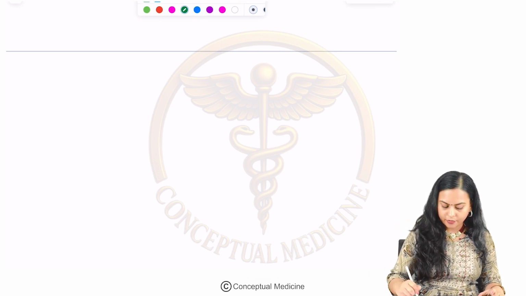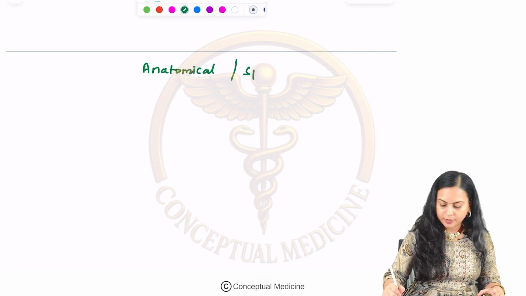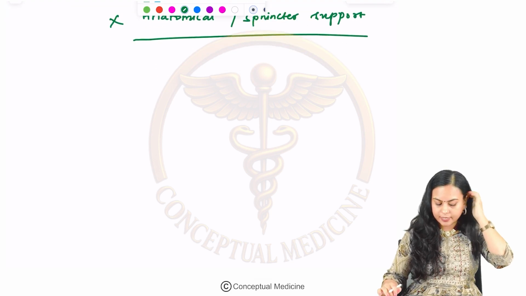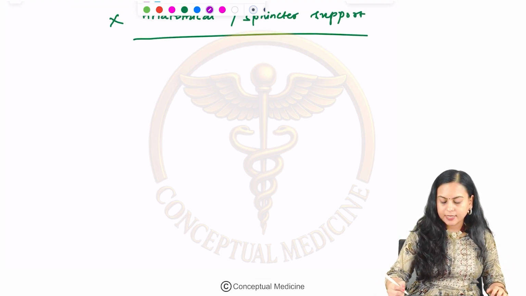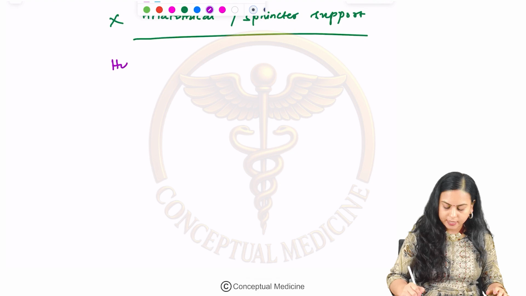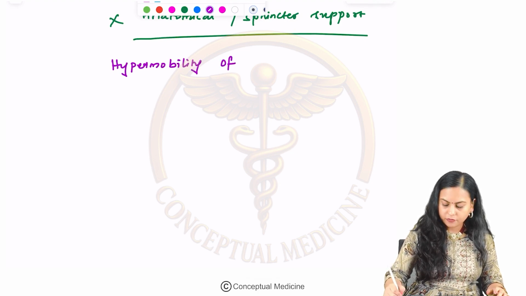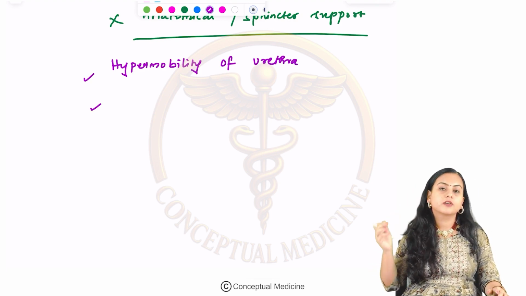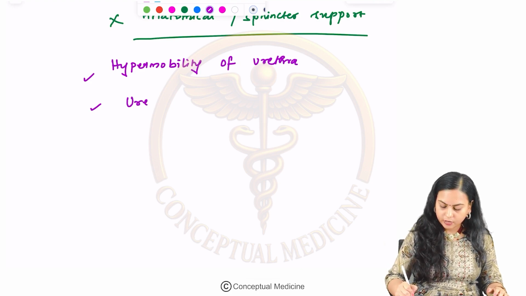Okay, in women who have lost this anatomical or sphincter support, is not present, then what happens? There is hypermobility of urethra, and this will cause the loss of urethro-vaginal angle.